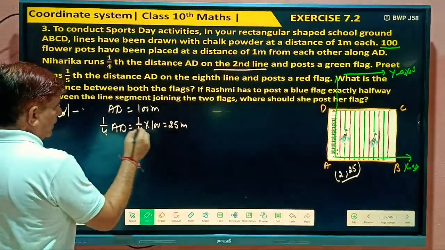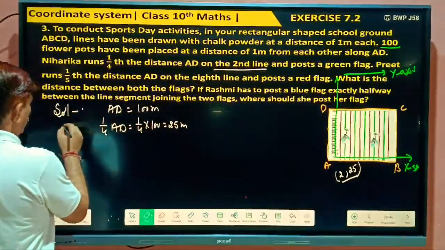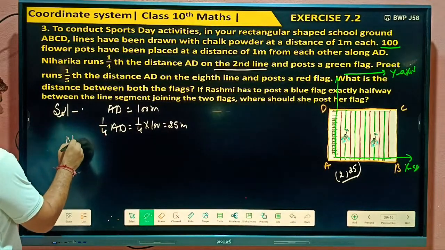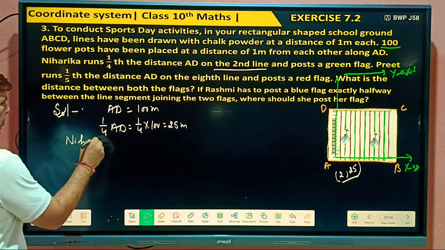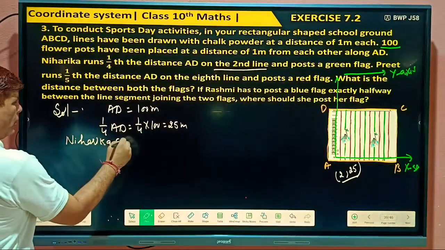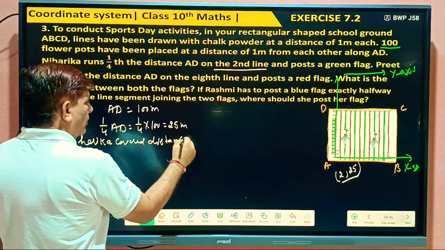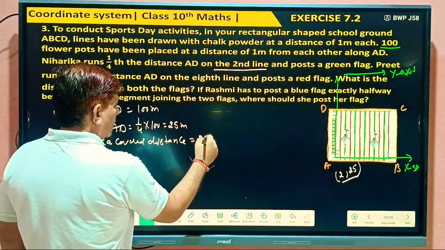So here we can write, Niharika covered distance how much? 25 meter.